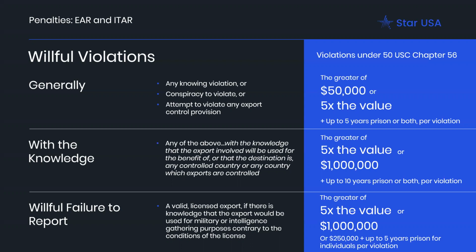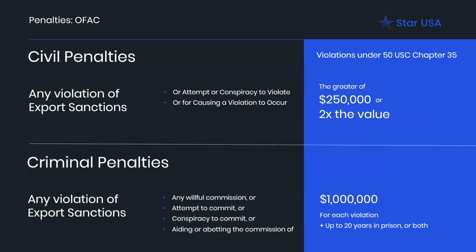Individuals can be held directly liable, particularly in the criminal cases where there are willful violations. So it's important to recognize that the actions that you do and do not take can come back to haunt you. And ensuring that you've got the right levels of accountability in your organization is one of the best ways to ensure that you've got the protections that you need, that you've mitigated those risks, and that you're conducting your business correctly and fairly. In the OFAC universe, we've moved into 50 USC chapter 35.